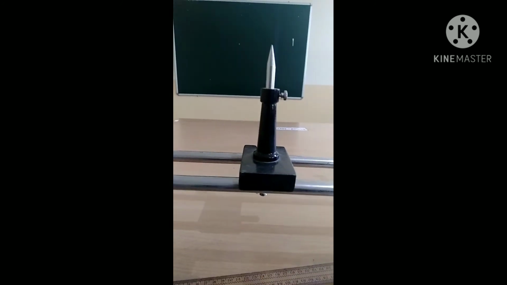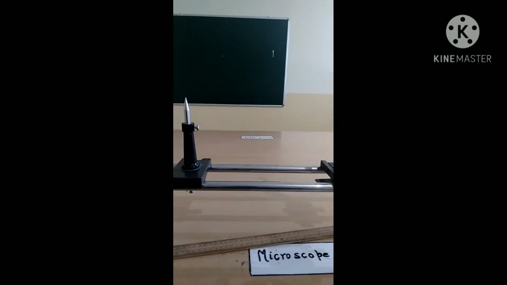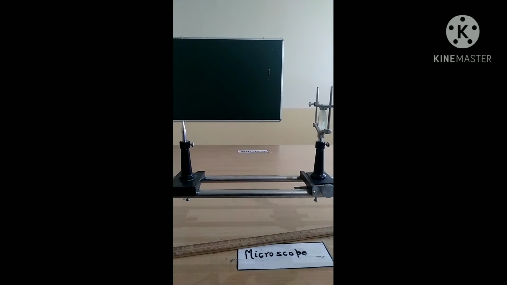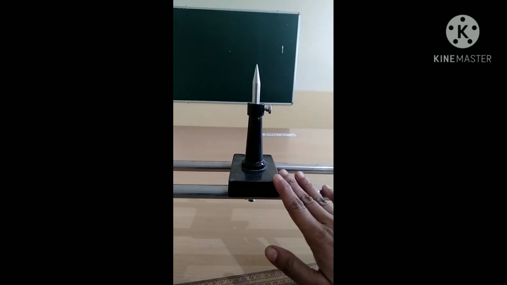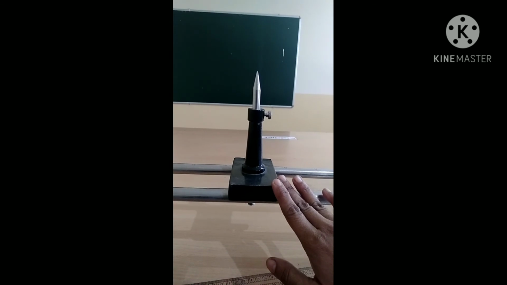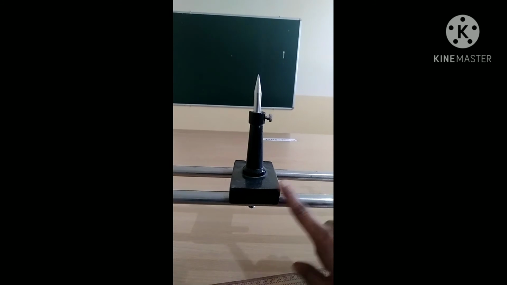This needle behaves as the object needle. Adjust this object needle in such a way that we can see an inverted image of it through the lens.